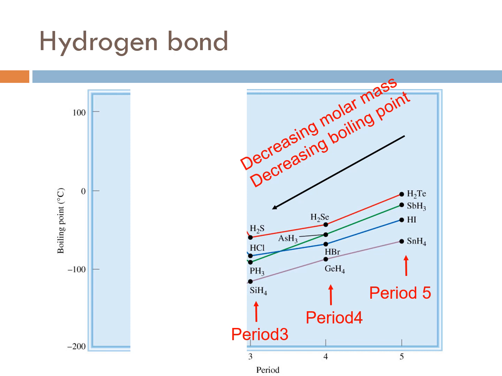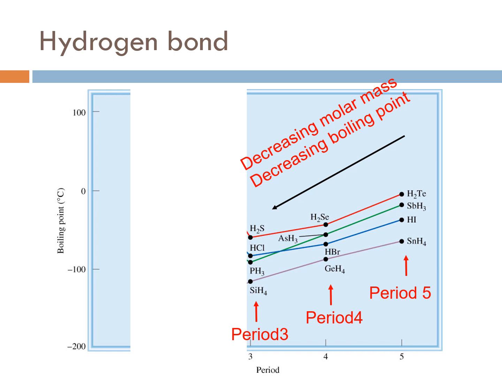Hydrogen bonds have huge consequences on the physical properties of substances. So in this graph that looks a bit complicated initially, you see the boiling point of a bunch of substances. So each line connects hydrogen compounds of non-metals that belong to the same group.